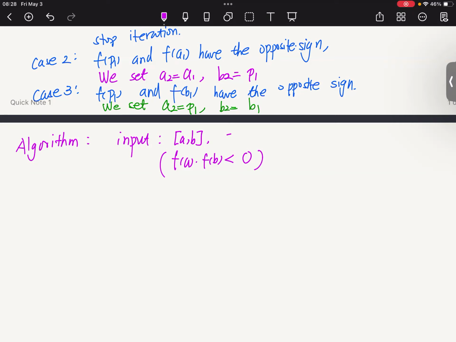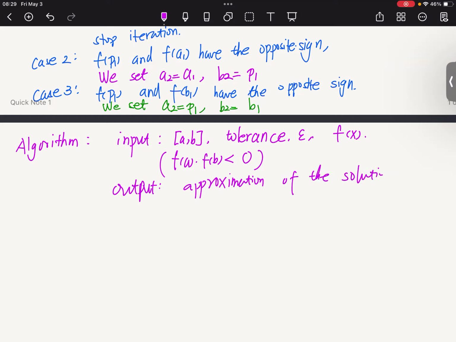And then also you have a stopping criterion, and for that stopping criterion you need a tolerance number, and also the input is f(x). And what is the output? Output is just the approximation of the solution. And this is the output.